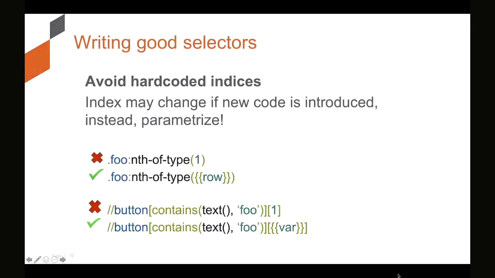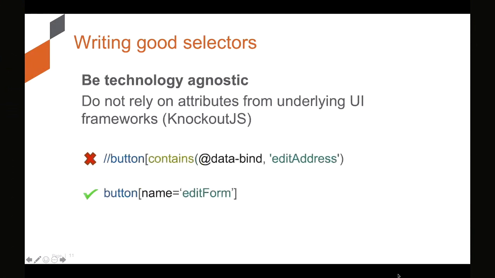Right, so yes, as Alex said, avoid hard coding indices, try to parameterize whenever possible. Be technology agnostic. We've often come across attributes which are specific to the underlying UI frameworks. For example, data-bind is an attribute that is exposed by Knockout.js.